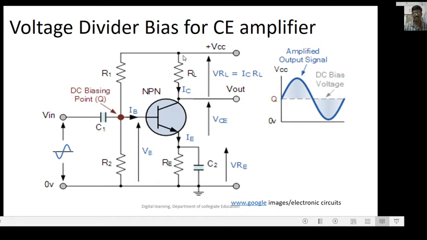Voltage comes from the battery, through the resistances, and into the transistor. So we can measure the output voltage across the ground and the collector terminal. Here VRL is equal to IC RL; the voltage developed across RL is given by IC RL.